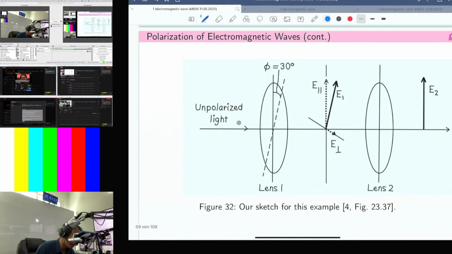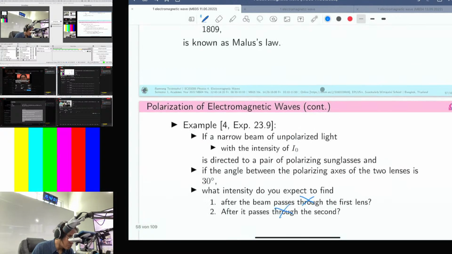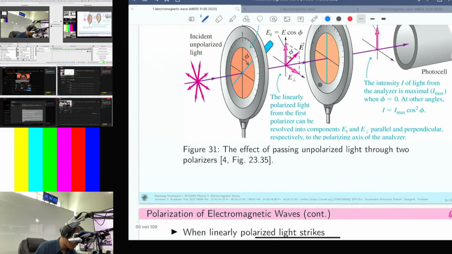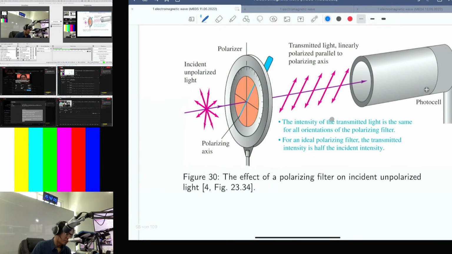After the first lens, before we have the unpolarized light, and after the first lens is this location. What is the intensity at this location? In order to deliver the answer, we have to go back to this figure and look at this sentence. They say that for an ideal polarizing filter, the transmitted intensity is half the incident intensity.